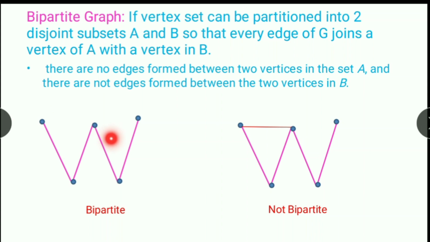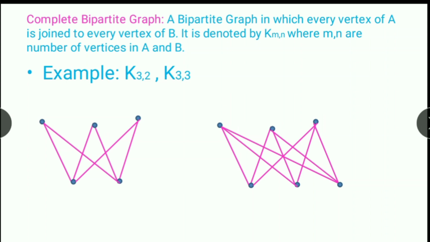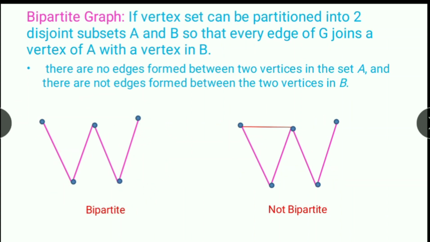One vertex from set A can be joined to a vertex of set B, but vertices of the same set cannot be joined with each other. Now, the complete bipartite graph. A complete bipartite graph is a graph in which every vertex of A is joined with every vertex of B. In an ordinary bipartite graph the condition of every is not there; one vertex can be joined to 2 or just 1.